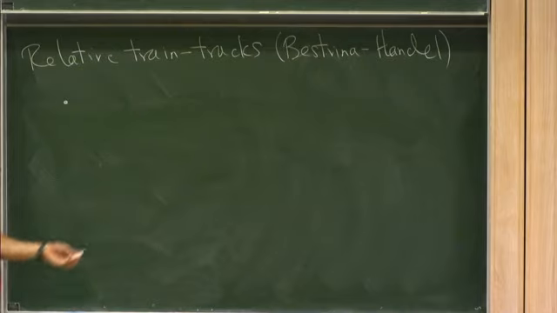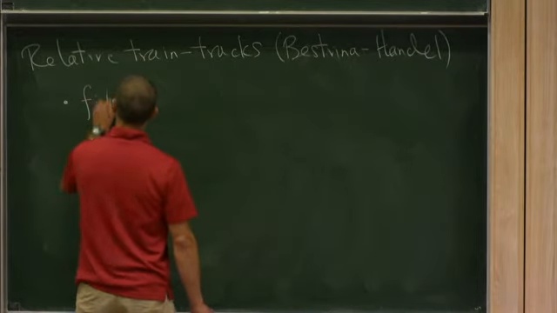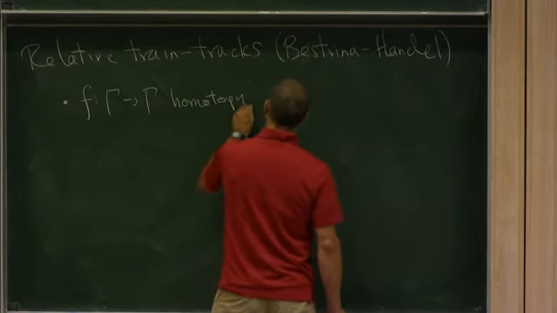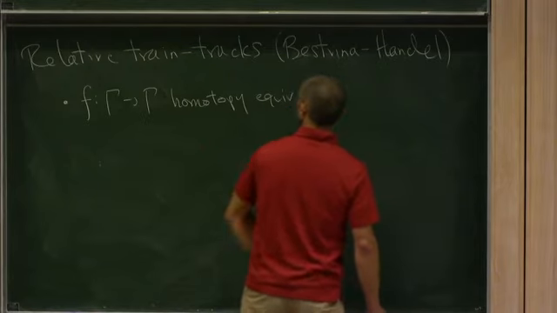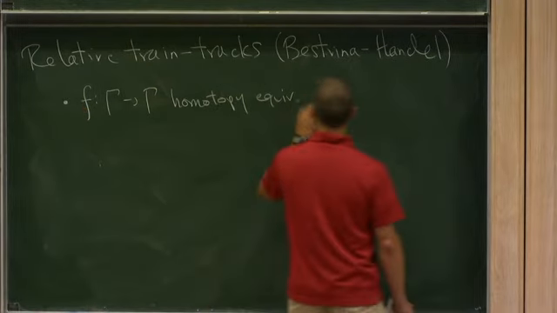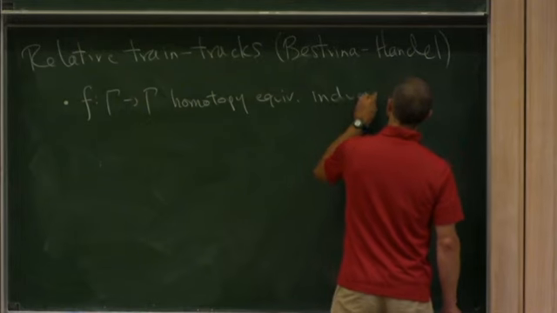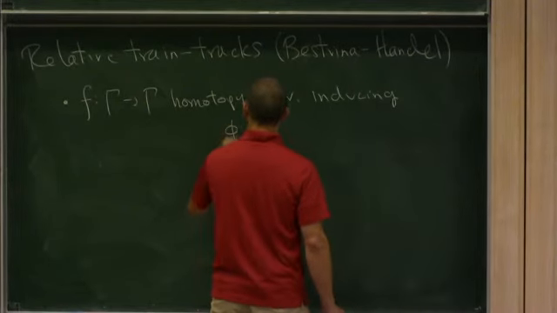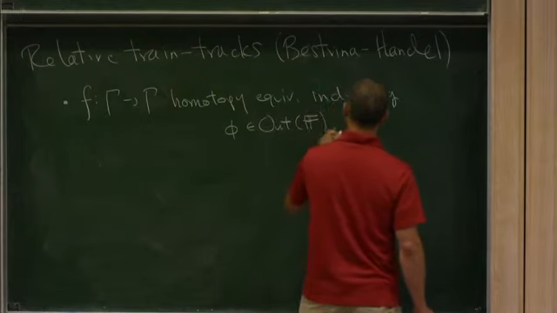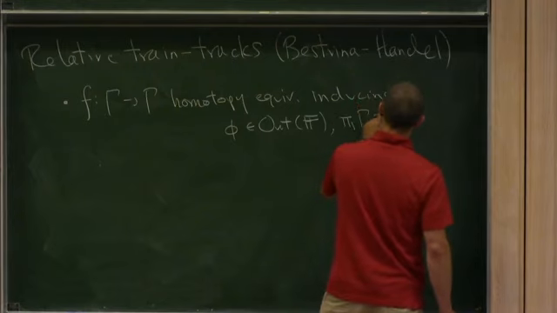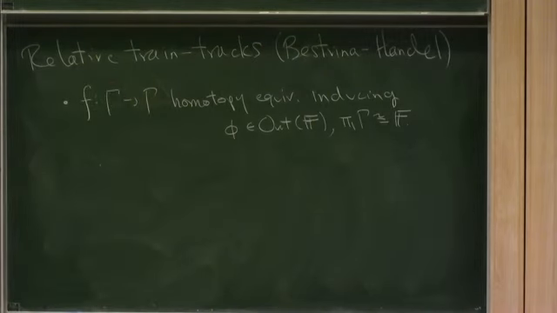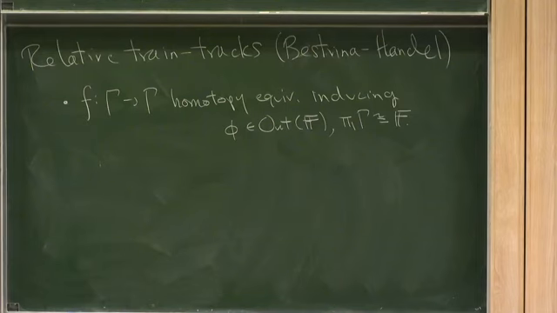Well, first off, it's just a homotopy equivalence of a graph. So gamma here is a graph. This is a homotopy equivalence of a graph, which is inducing the right outer automorphism, where I've already identified the fundamental group of the graph with my free group. Okay. So the homotopy equivalence inducing the right outer automorphism.